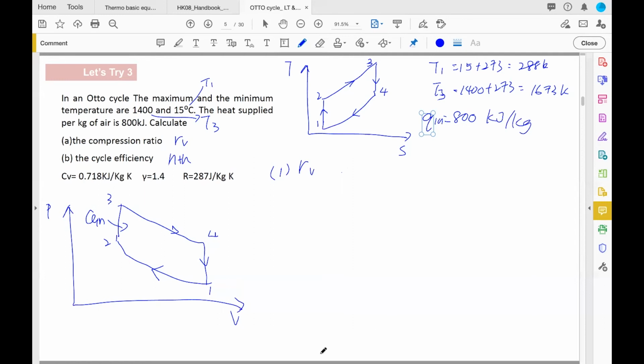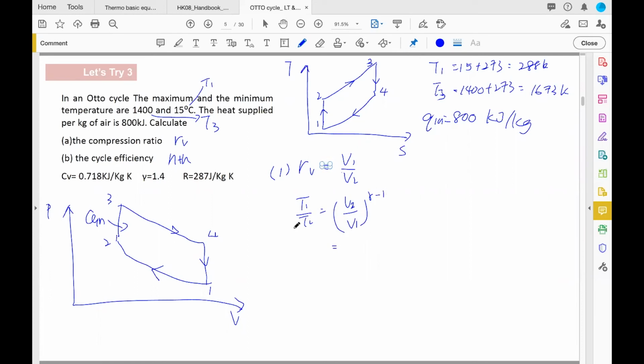So RV is V1 over V2, which also equals T1 over T2 equals V2 over V1, to the power gamma minus 1.